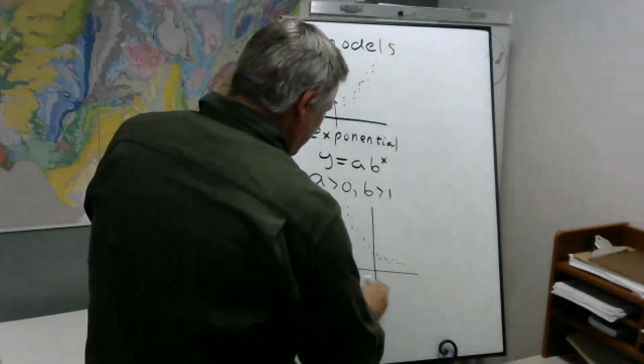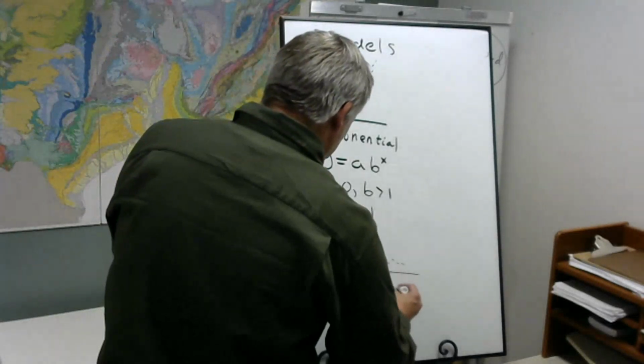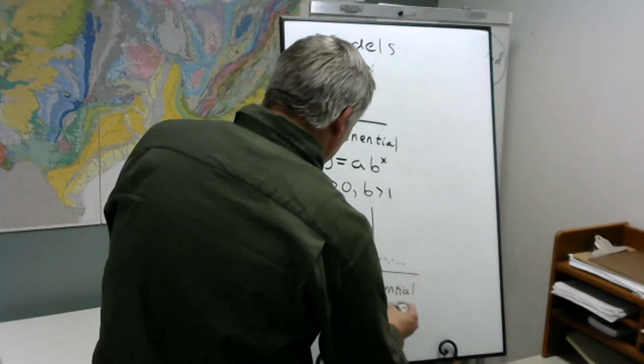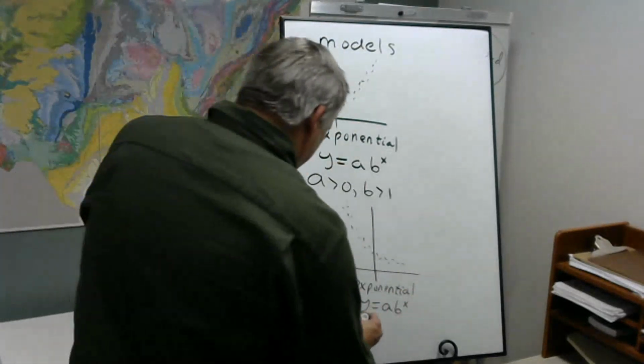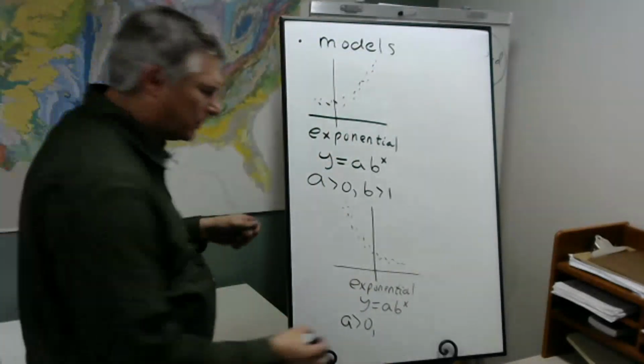All right. But if you see something like this, well, here it's going to be another exponential model. It'll be y equals ab to the x. Again, a will be greater than 0, and b is going to be between 0 and 1.